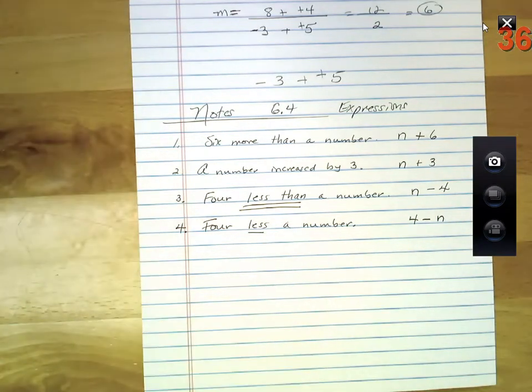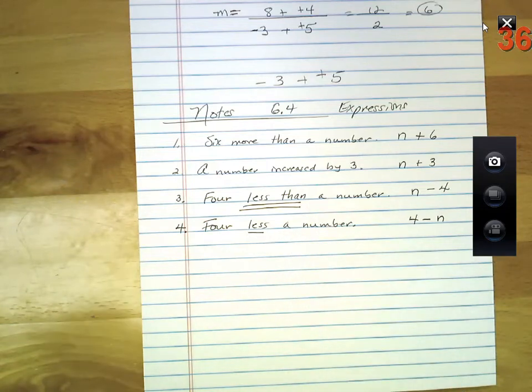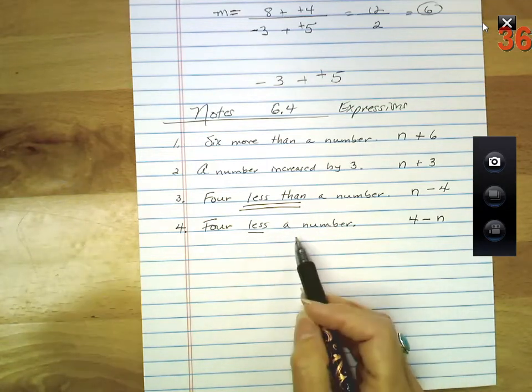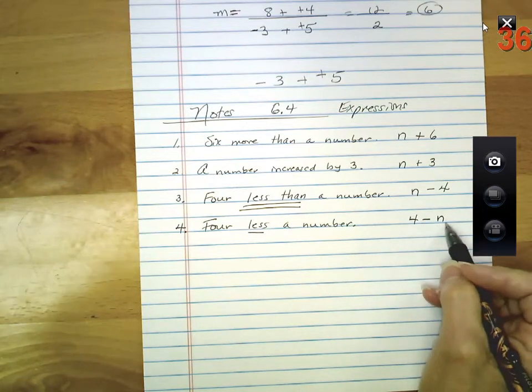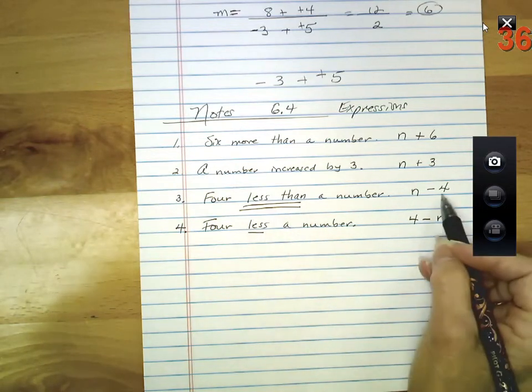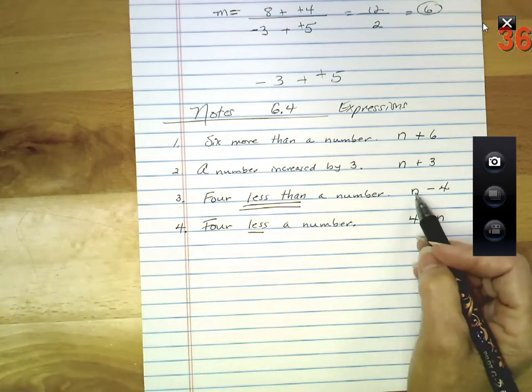Okay, look at the difference in those. Now, if you miss any, changing these from one thing to another, it will be less and less than. 4 less a number. It's just straight out. 4 less a number. 4 less than, what's it less than? It's less than a number.